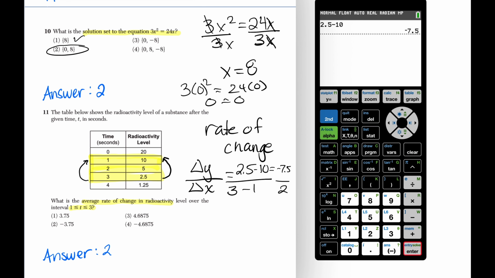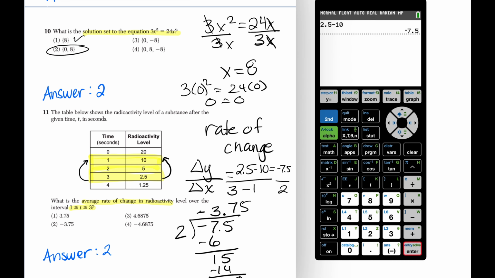All right, so negative 7.5 divided by 2. I have to do that part. 2 goes into 7 3 times. And again, I could just use my calculator for this. 2 goes into 15 7 times. And 2 goes into 10 5 times.